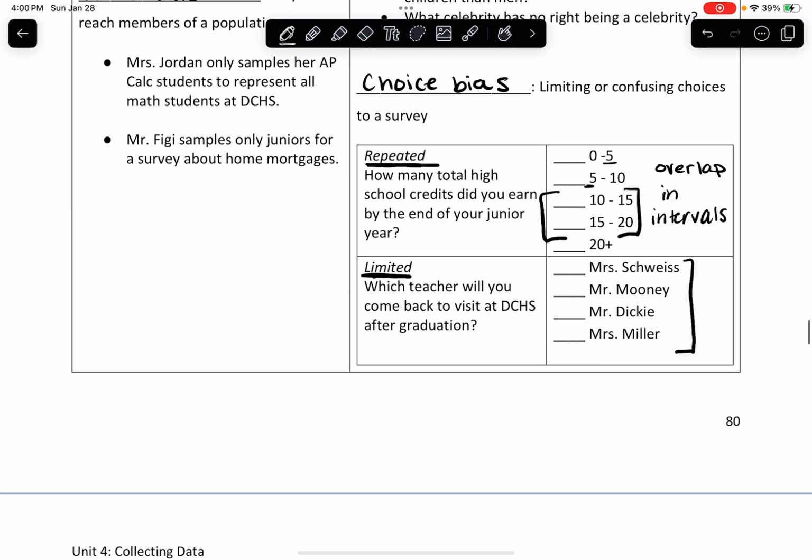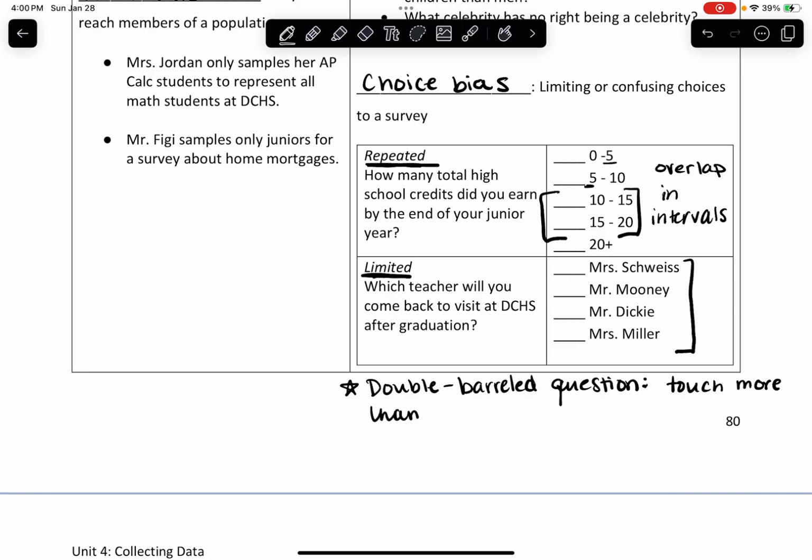There is also one to add at the bottom here, a double-barreled question. There is only one L in barreled. So in a double-barreled question, you're touching on more than one topic, but you're only allowing for one answer.